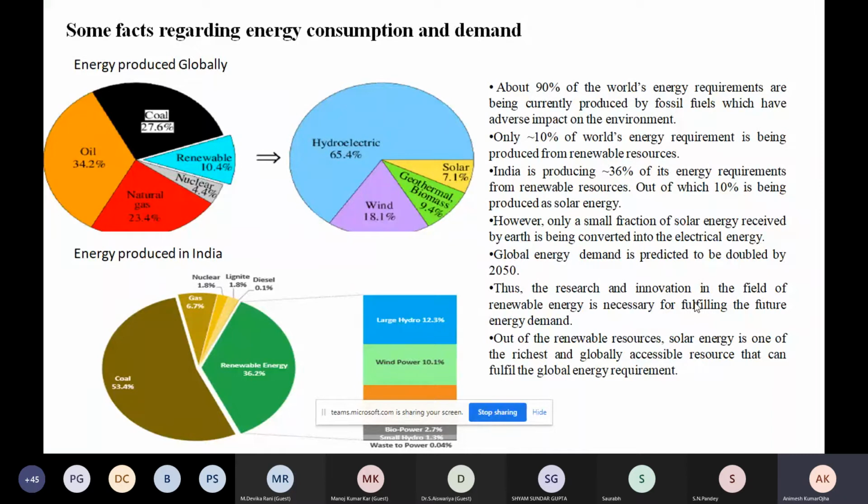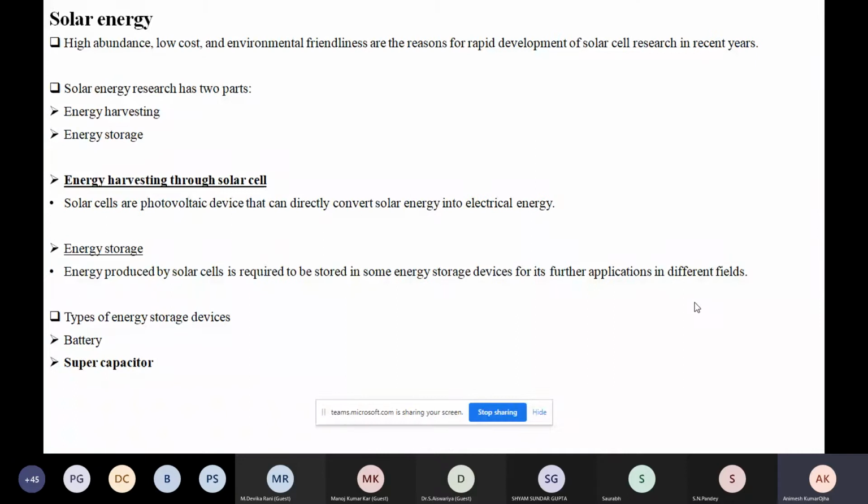I'm going to focus only on the energy which we convert into electrical energy by solar cell, or solar energy. As we know, solar energy has high abundance, low cost, and environmental friendliness, which are the reasons for rapid development of solar cell research in recent years.